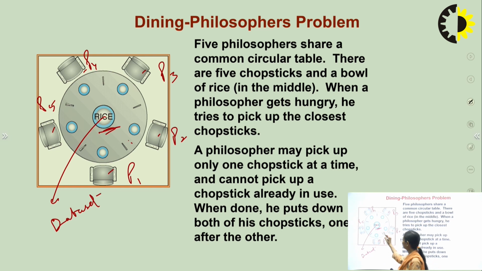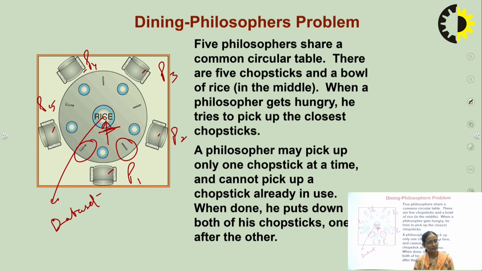They need to get access to these 2 chopsticks on their left and on their right side. If they are able to grab both chopsticks, only then are they allowed to eat the rice.